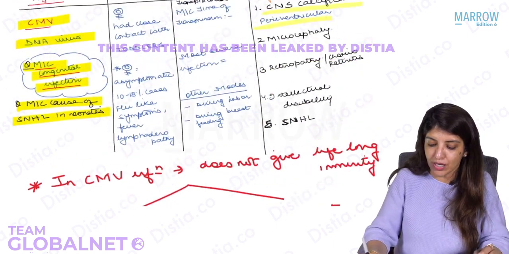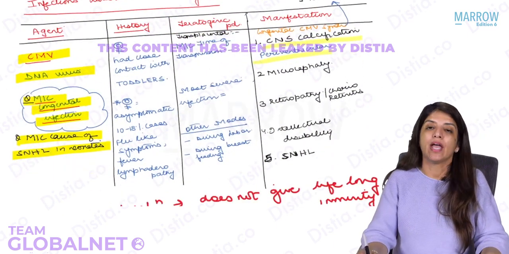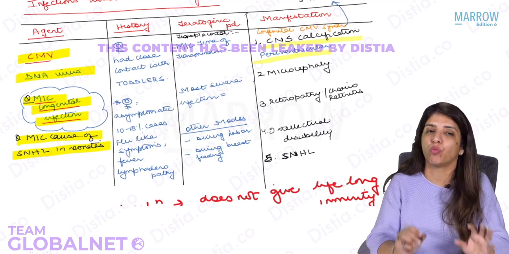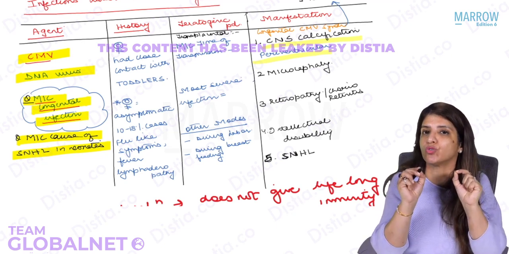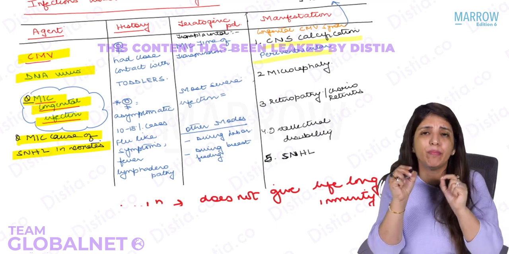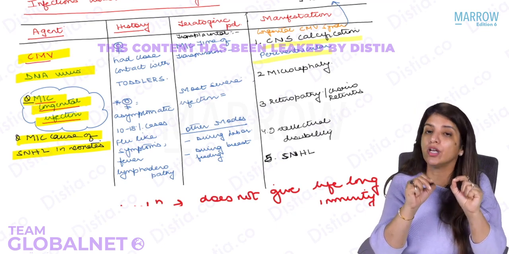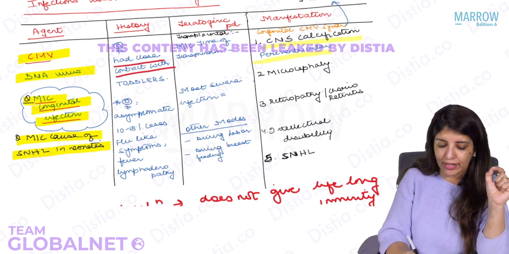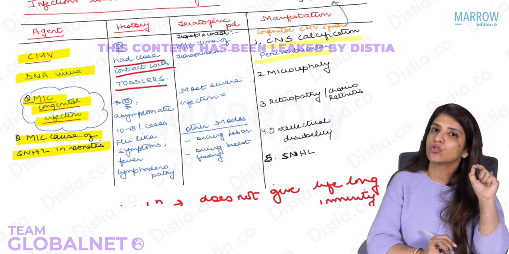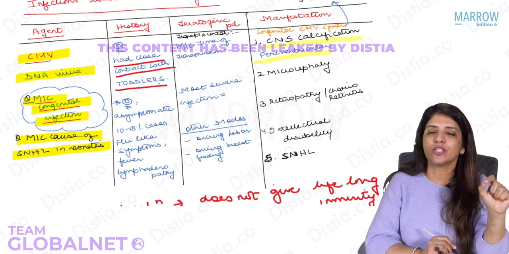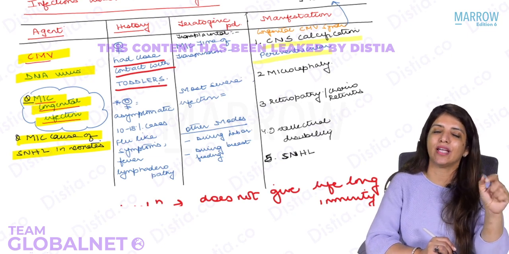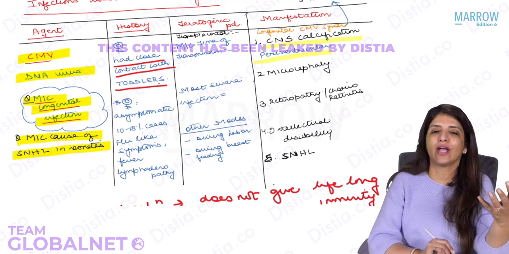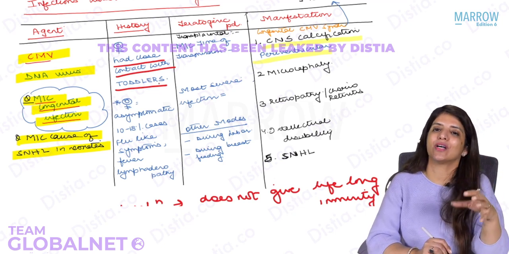So suppose there is a pregnant female and she has got cytomegalovirus infection. What hint in the question is going to tell you from history that probably it's a cytomegalovirus infection? This female will have had a close contact with toddlers. So the question is going to tell you that this patient was either working in a nursery or working in a crèche, or she has a baby at home.